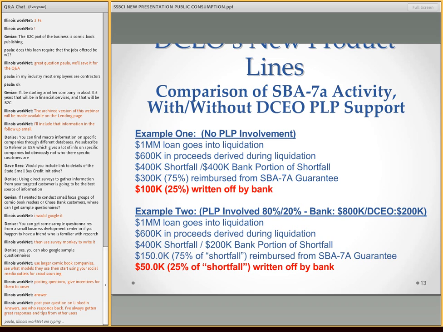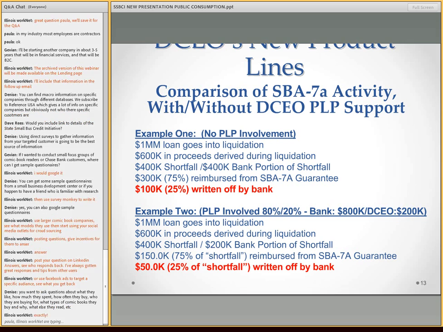Therefore, what we're doing here is we're actually assisting banks in doing loans under an SBA 7A guarantee. We can only do 20% of the loan that's involved, but let me show you an example. Next slide, please.